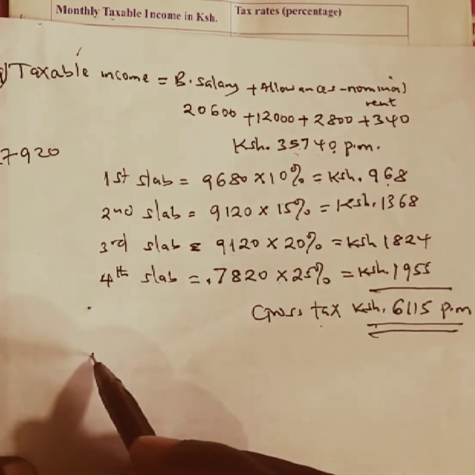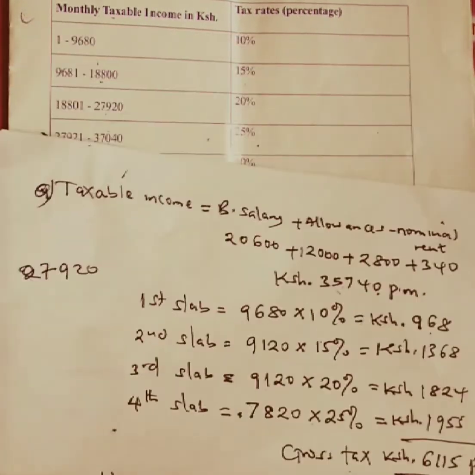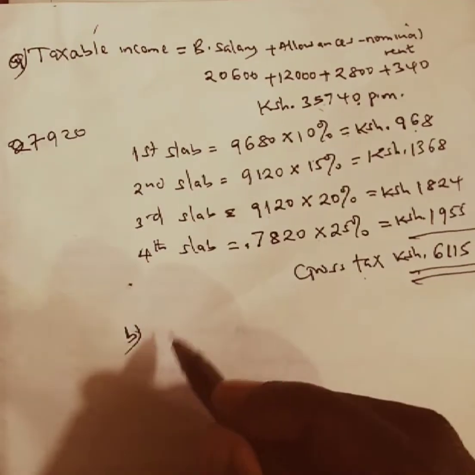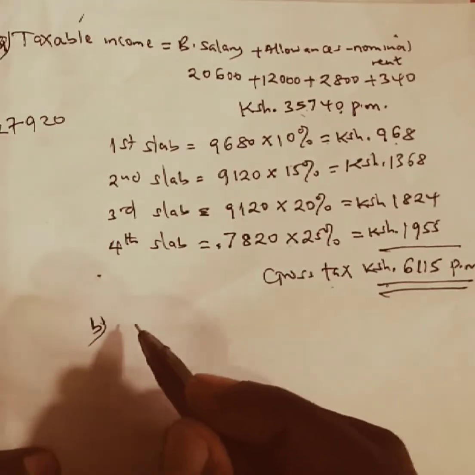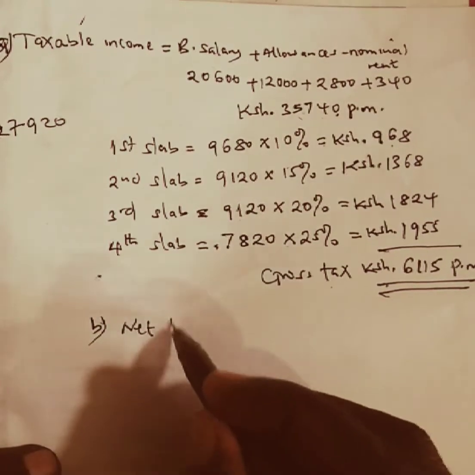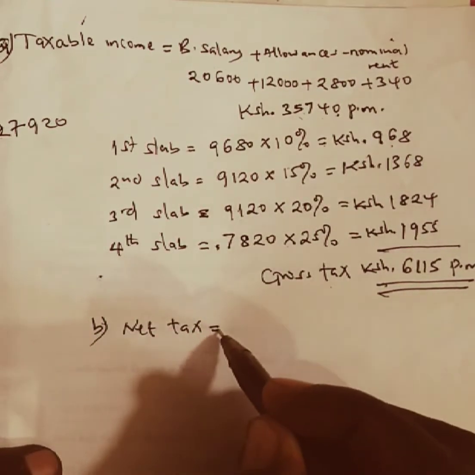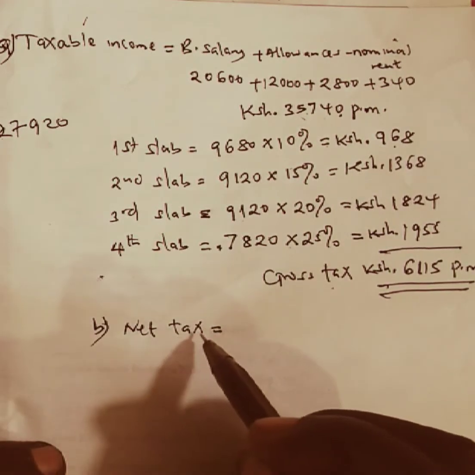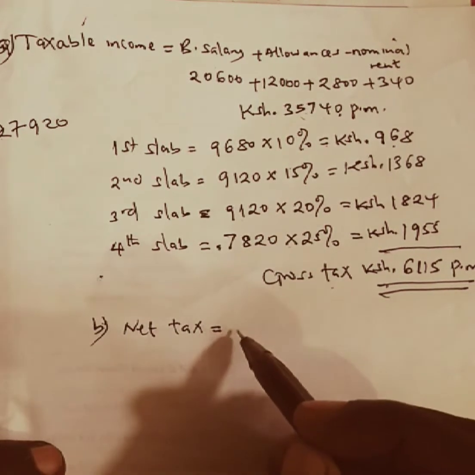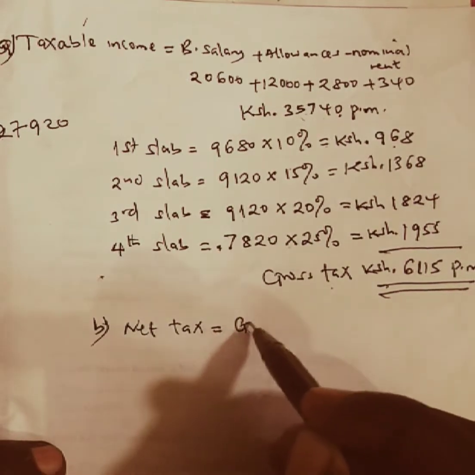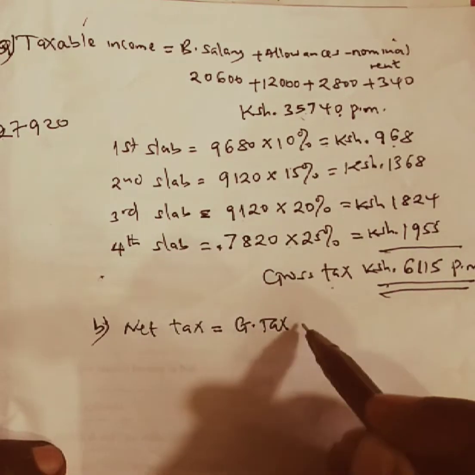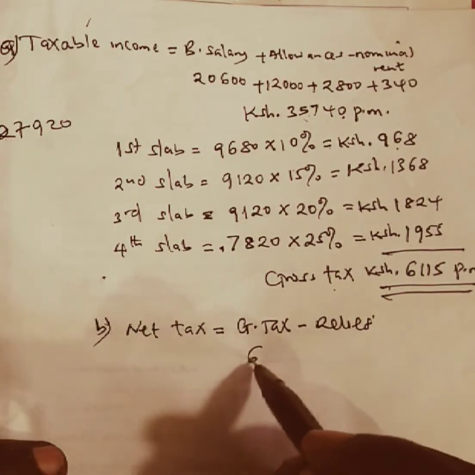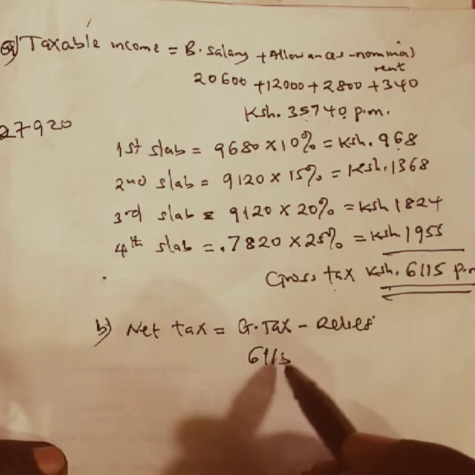Then B says the monthly tax paid by John. So the tax paid by John is the same as the net tax, and this person pays the net tax after he has been given relief. And in this case, for us to get the net tax, or the tax paid by this person, we are going to take the gross tax, we minus the relief. So, the gross tax is 6,115.